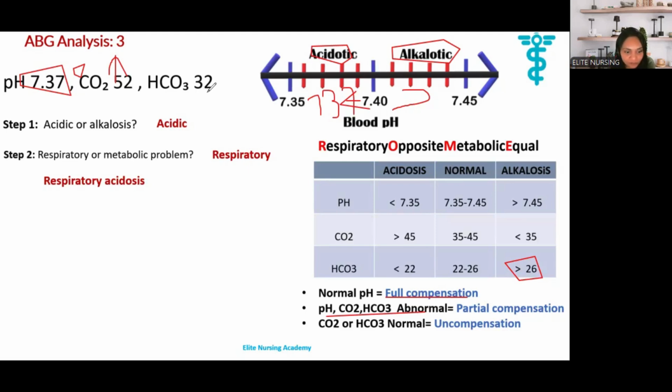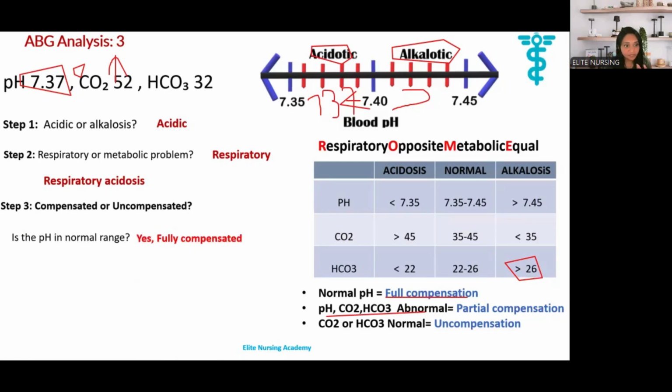So we have no match. Let's look at the third step, whether this is fully compensated, partially compensated, or uncompensated. This is very easy because we already know that the pH is normal. So yes, this is fully compensated. So respiratory acidosis, fully compensated.